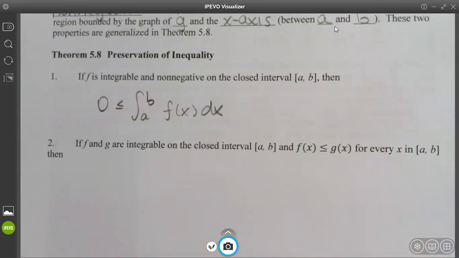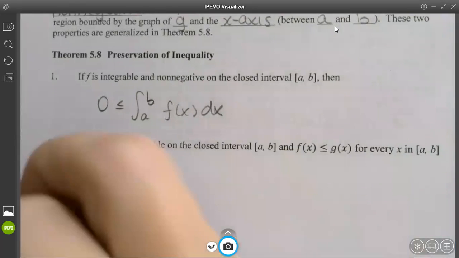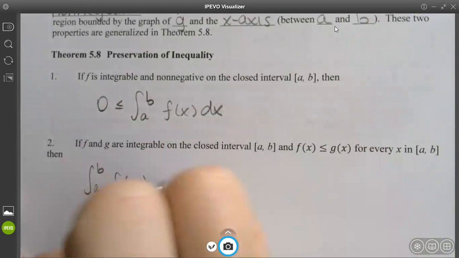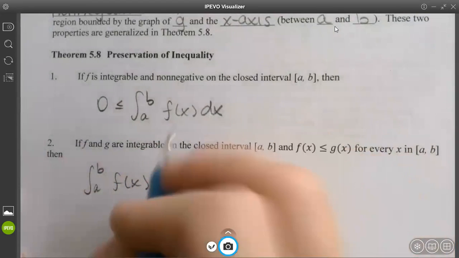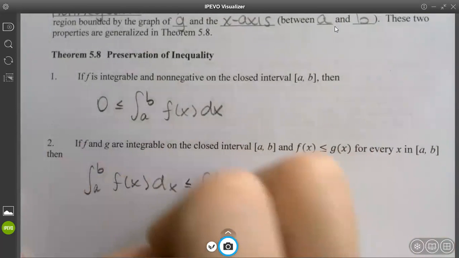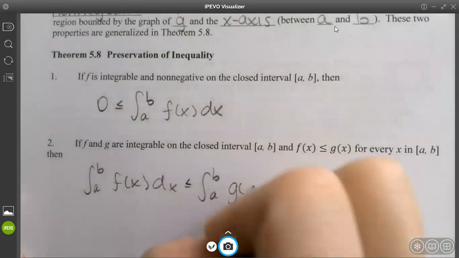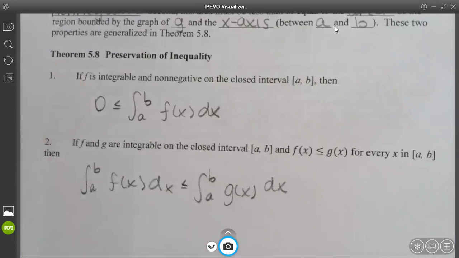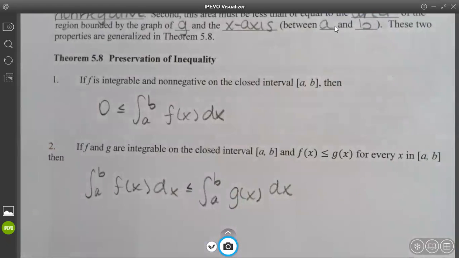If f and g are integrable on the closed interval a to b and f of x is less than or equal to g of x for every x in a and b, then the integration from a to b of f of x dx is less than or equal to the integration from a to b of g of x dx. That's what it looks like. Any questions? So did we really do anything different? No. So it should be the exact same thing that you've been doing.